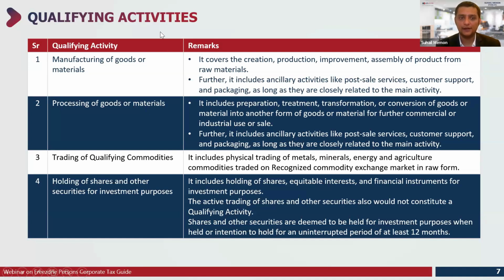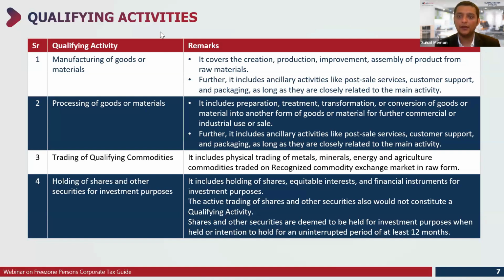For example, let's take the first activity, which is manufacturing of goods. When I talk about manufacturing of goods, we know what manufacturing is. But what is important over here is ancillary activity. For example, if I am manufacturing a TV, a television, or a mobile phone, then what happens about the packing?